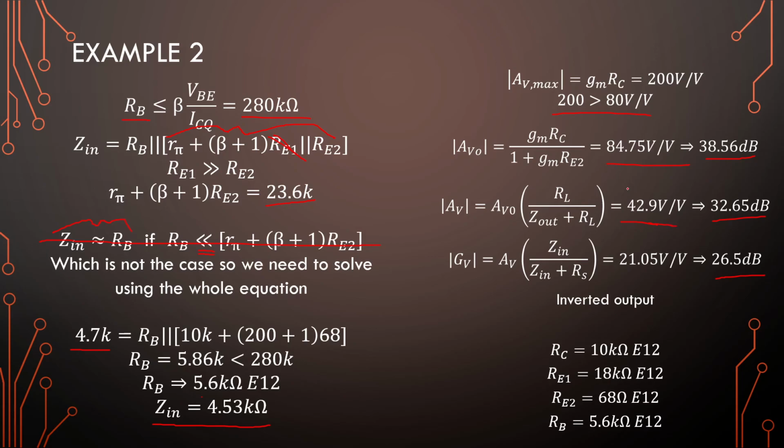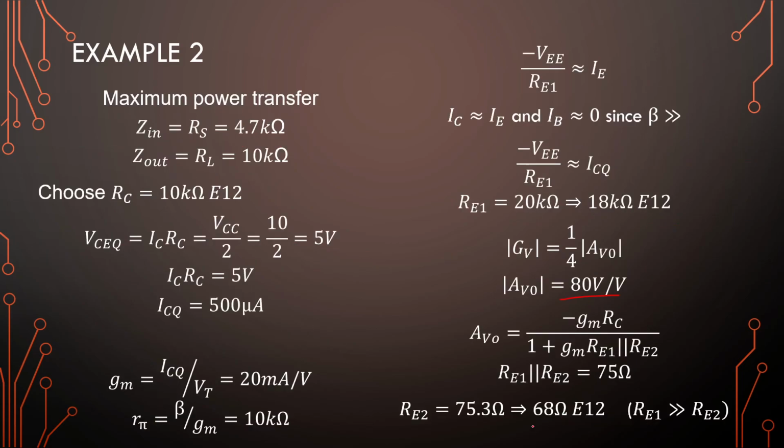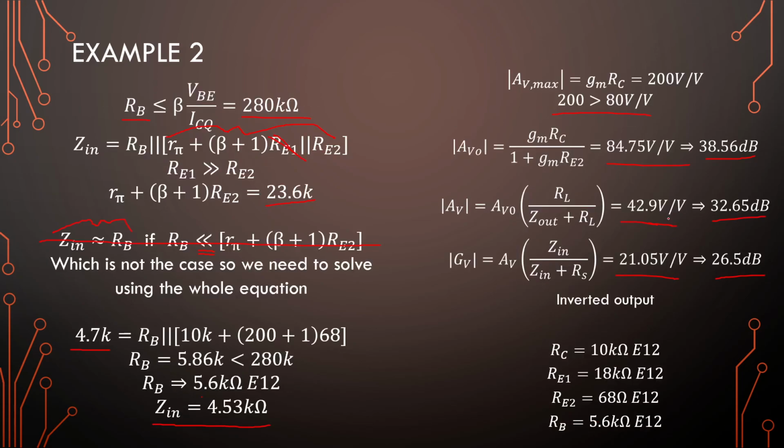Adding the loading effect, 42.9 volts per volt, adding the input loading effect, 21.05 volts per volt. And you'll note if we chose this upwards, these gains would have all been much less than our design specifications. So we did reach our design spec.